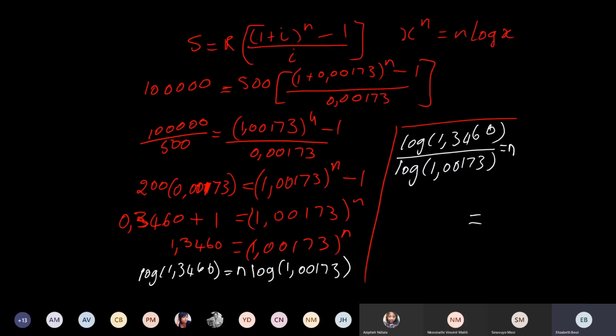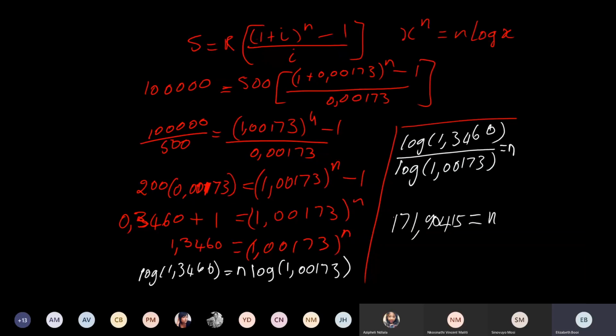open bracket 1,346, close bracket, divide by second function, the log, open bracket of 1,00173, close bracket equals, I get the answer for n is 171,904,115.